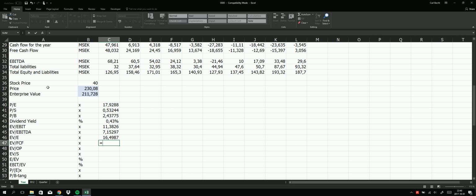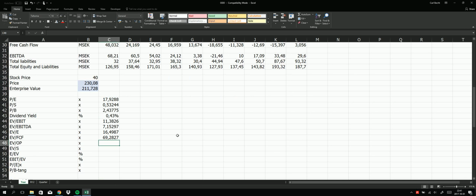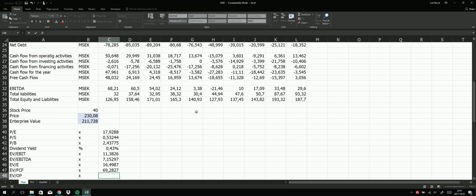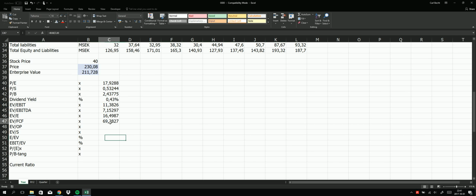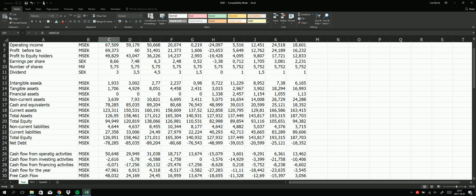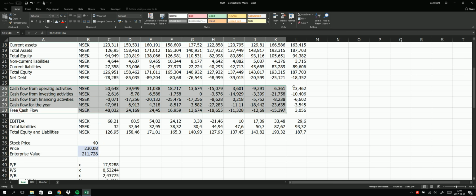Enterprise value to free cash flow, like that. Then you find your free cash flow, which is your operating cash flow after capex. So it should be this one. Perfect. As you can see, they probably have large parts in working capital that are increasing, like current assets build-up, or maybe very high investments that eat off cash flow.